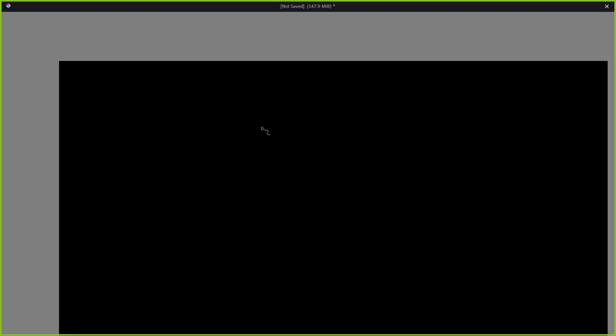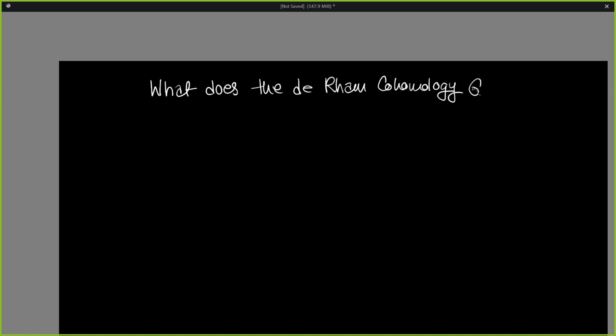So what does the de Rham cohomology group actually detect? Well, an oversimplified answer is it detects holes.